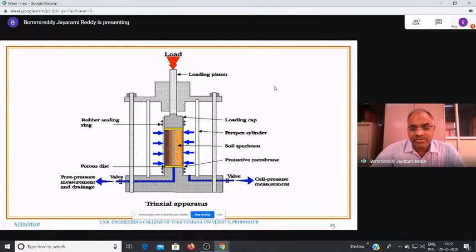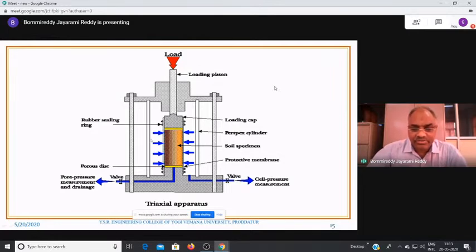That means in both the x direction and the z direction, the stress is equal to the cell pressure. Another stress acting on the soil is the direct stress or normal stress. Normal stress is acting through the loading piston, which is in the vertical direction.